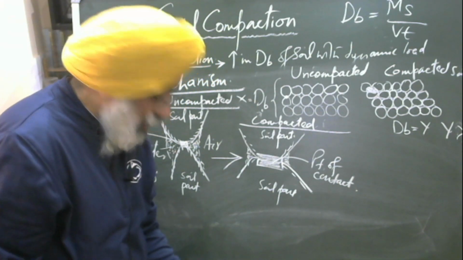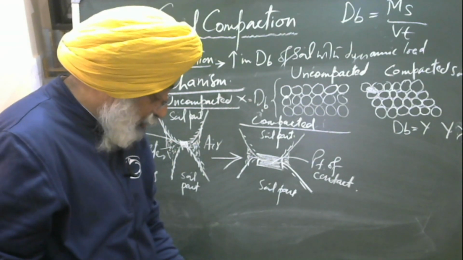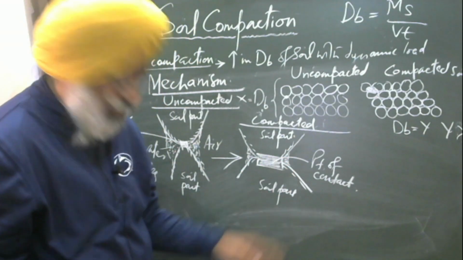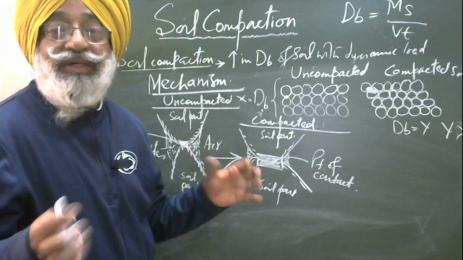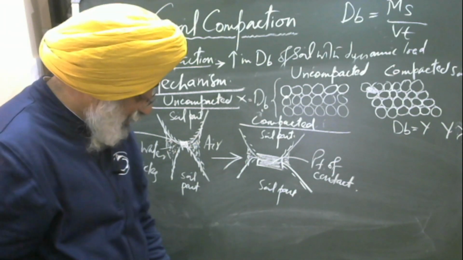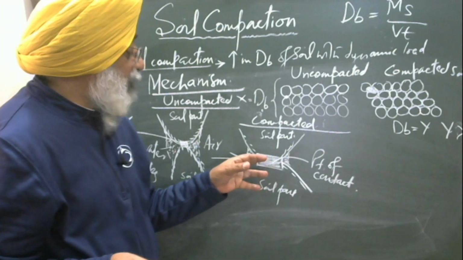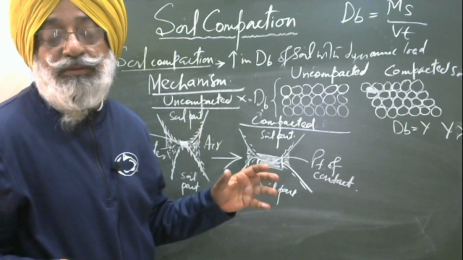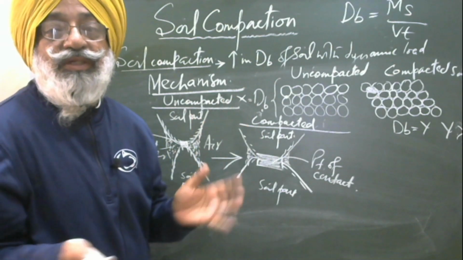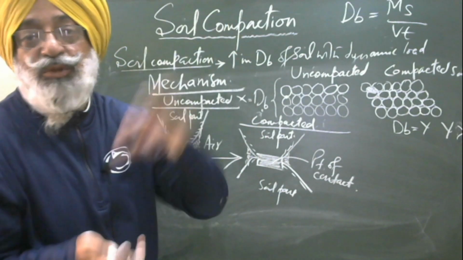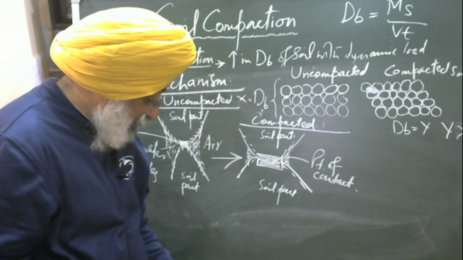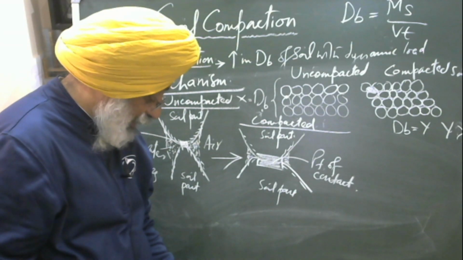So the pore water gets displaced, and the area of contact between the two particles increases. And of course this type of compression is elastic also. If you remove the force, then the particles may bounce back. It could happen depending upon the type of soil you have.